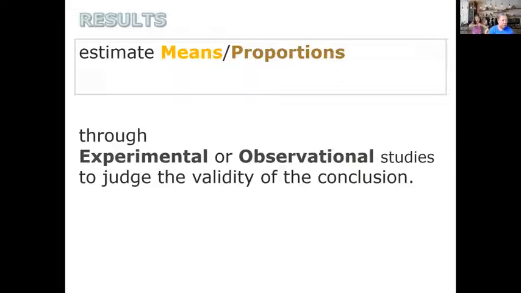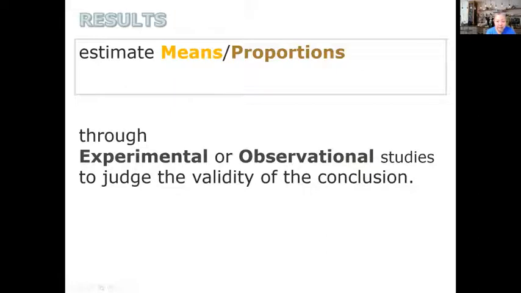So the conducting method is either an experiment, if you do something for your purpose, right? Or an observational study, where you don't do any manipulation within the sample but simply observe for your purpose. So those are the 2 different kinds of study method, okay?